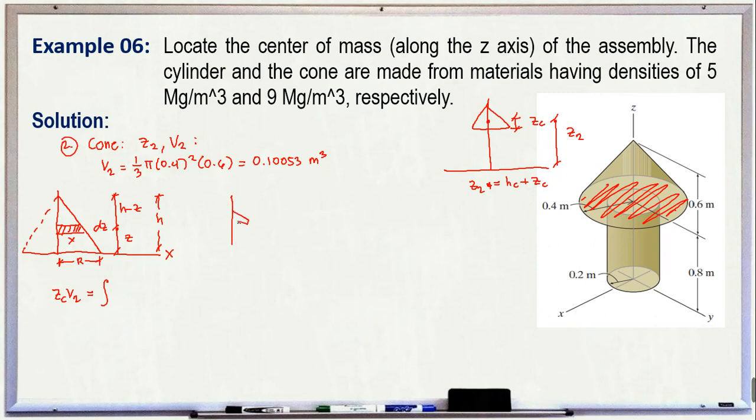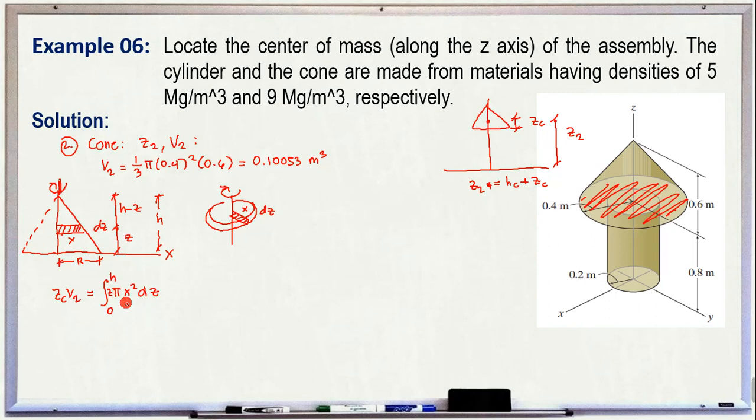So this is the differential area, rotated about the axis of rotation, the same thing as here. So it is like a cylinder with radius x and height dz. So we have pi x squared dz. And of course, don't forget to multiply by z. So z, from 0 to h, its height.